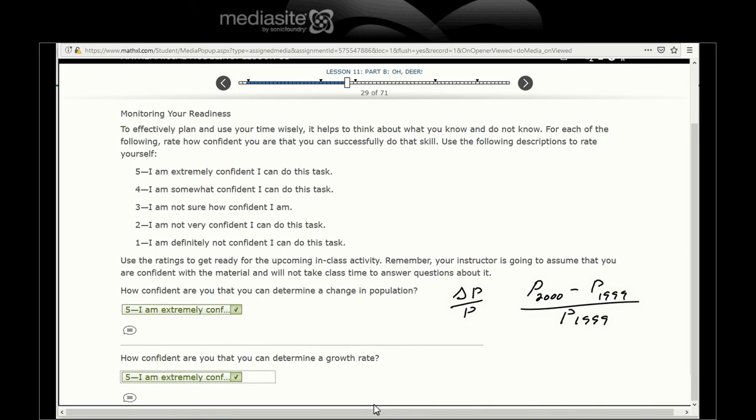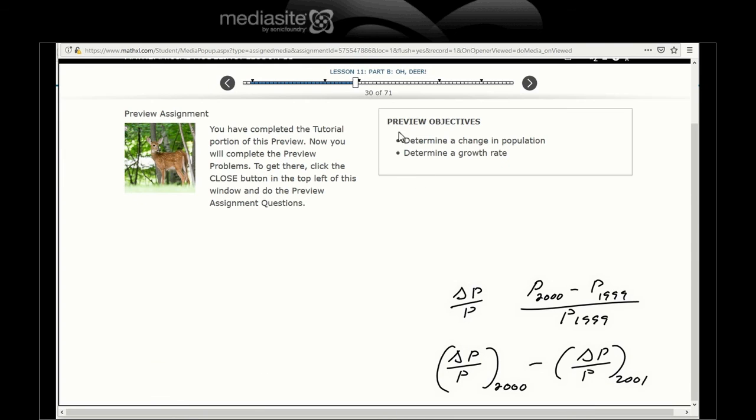And this guy here is basically two successive growth rates being added or subtracted from each other. And yes and yes.